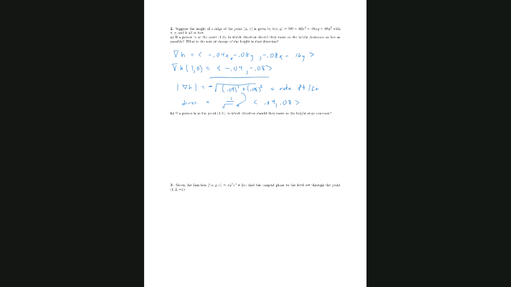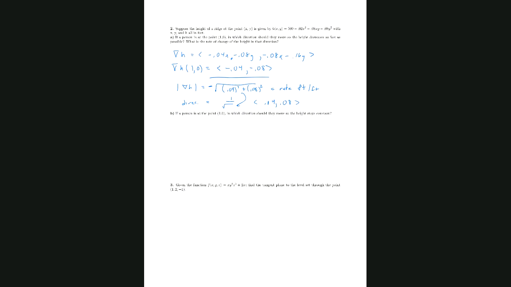I get the 0.04 and 0.08, as in the original. So if I'm moving in that direction, it's the negative, but here I want it to decrease, so I put a negative in front, so the negatives will cancel. Right?